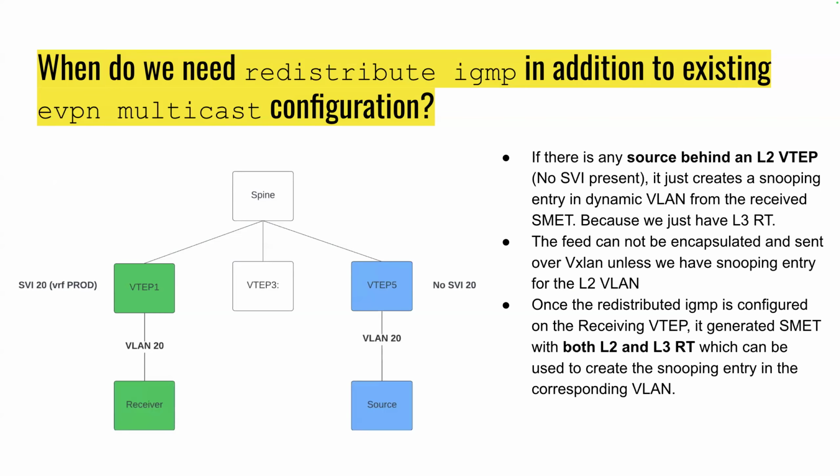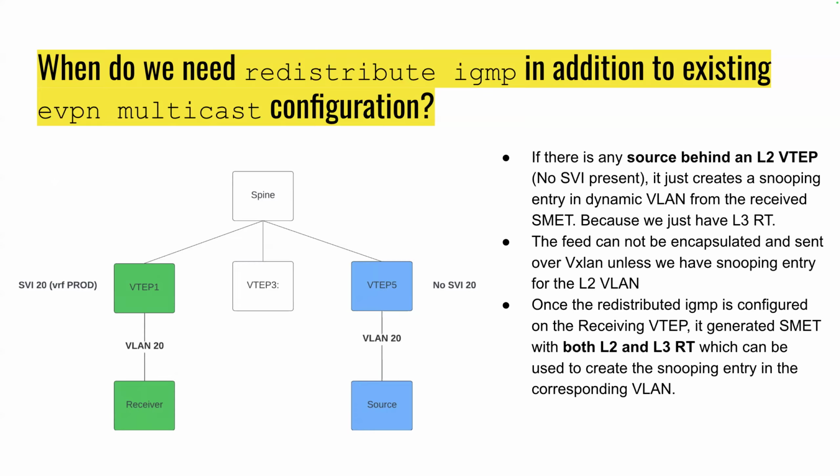So essentially, just to summarize, even in SPMSA or in SMETs, we need to include L2 if there is any EVPN L2 multicast happening in the network. So to cater to those scenarios, we will include L2 route targets.